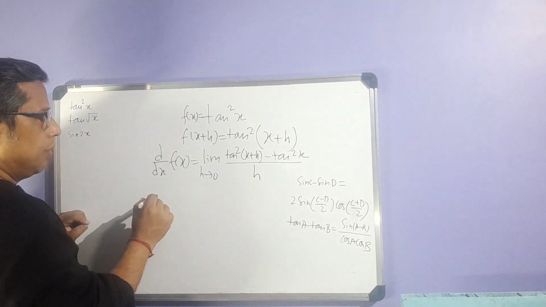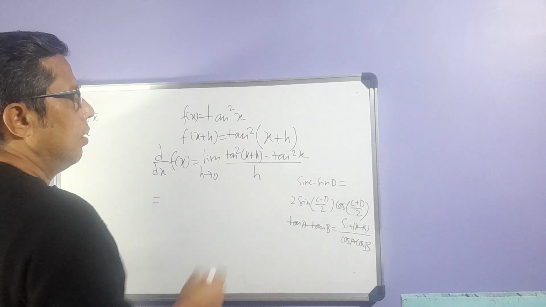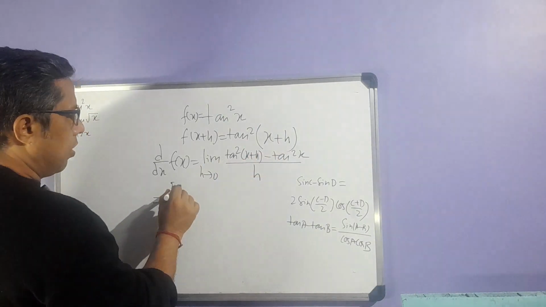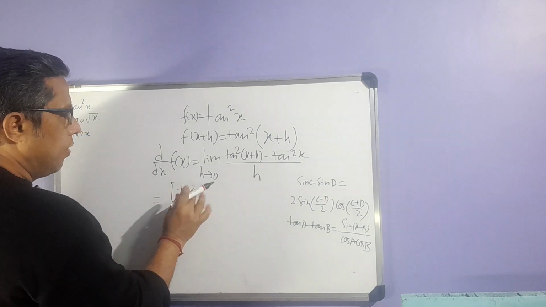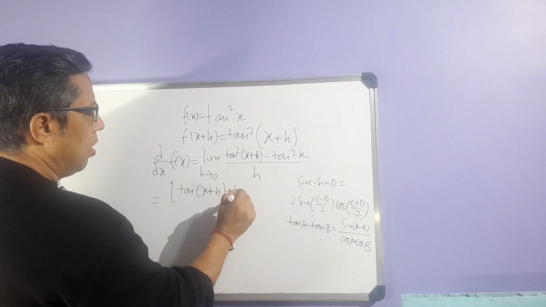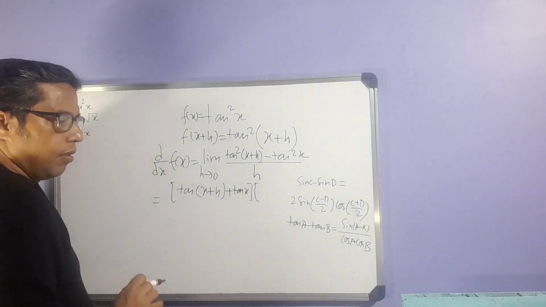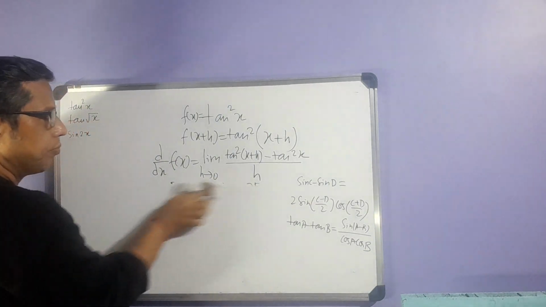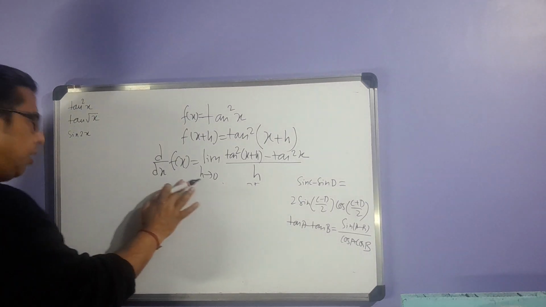Next, tan square (x plus h) minus tan square x. I'll take it as a square minus b square. So it will be tan of (x plus h) plus tan x, let me get more space here. I think this part is visible to you, right?